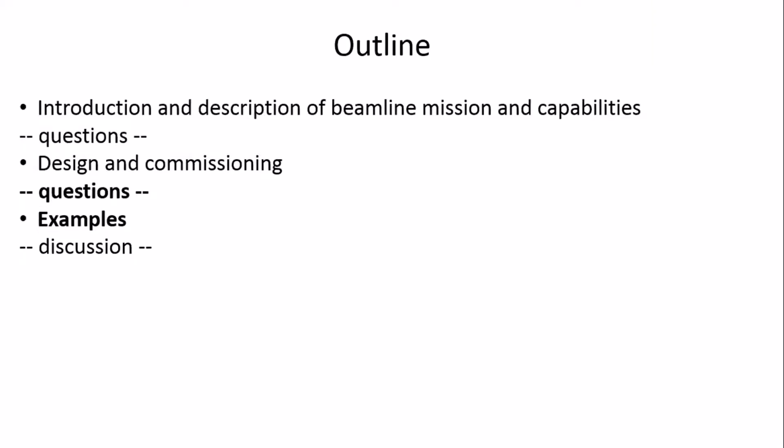Okay. So now I'll move on to some examples of what we've been seeing so far. There have not yet been too many publications because the beamline is fairly fresh. So I'll just jump into some representative examples.